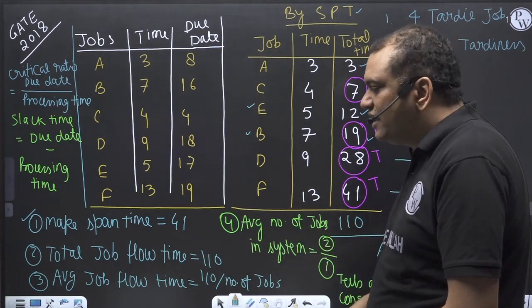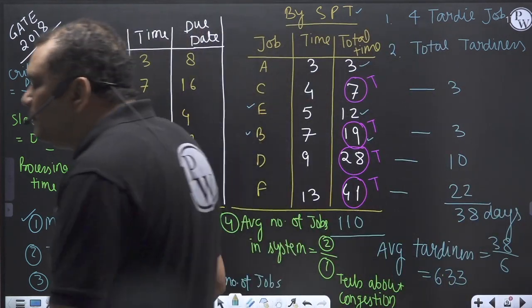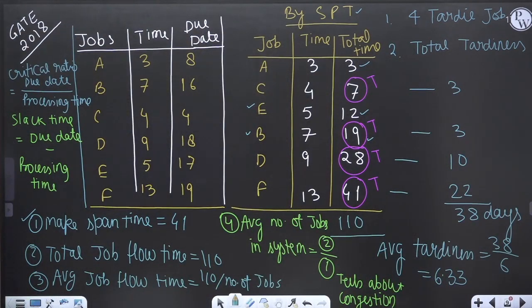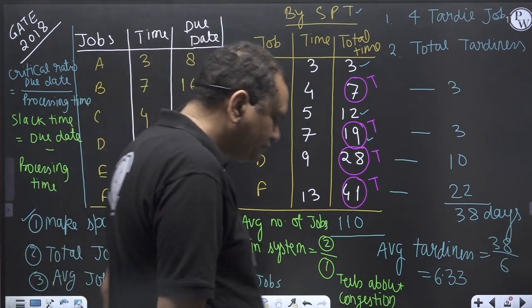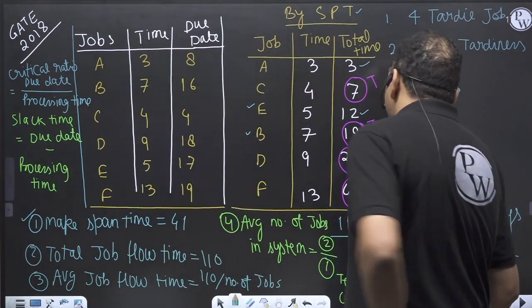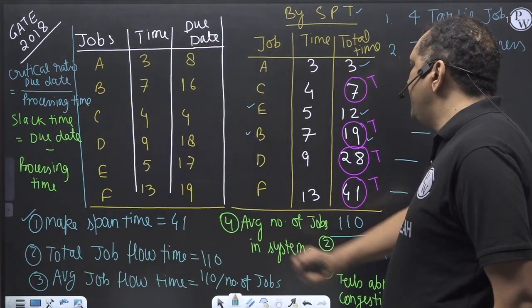In this slide, I am introducing many terms to you, so you have to be a little careful. So this 41 is called makespan time.